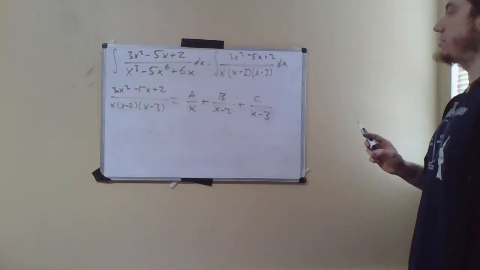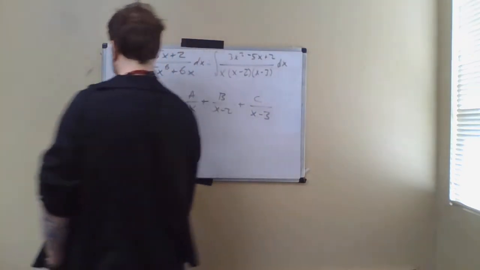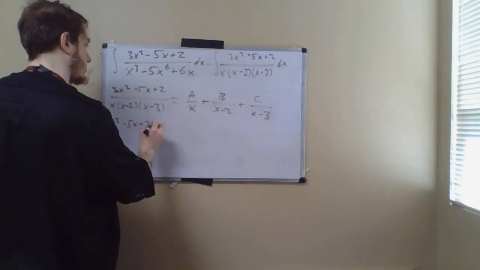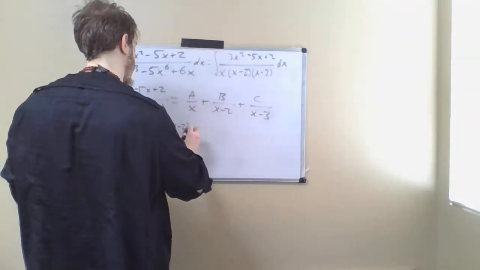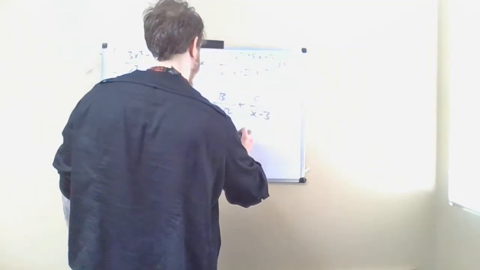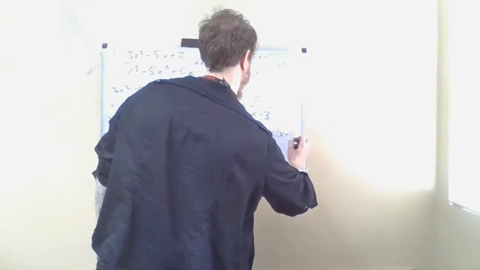And then I want to do the same thing as we did last time. So we're going to have 3x squared minus 5x plus 2 is equal to a times x minus 2 times x minus 3 plus b times x minus 3 plus c times x minus 2.